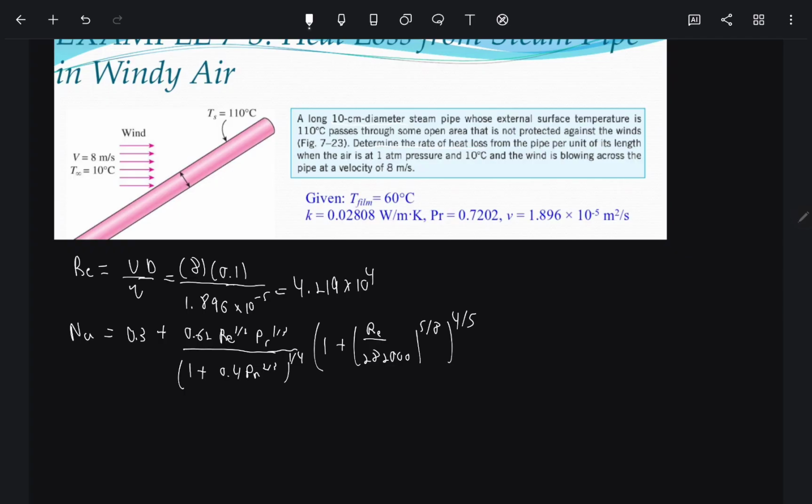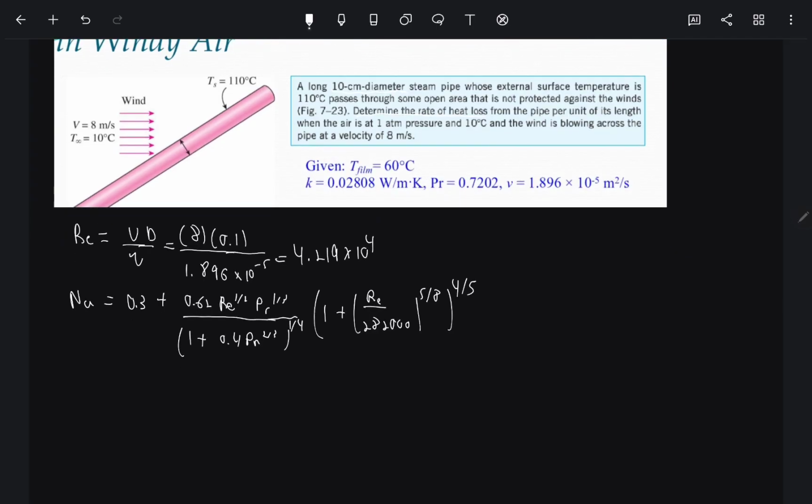Now this may look like an absolute nightmare because it's just experimental data, and so they had to get a function that matched it as closely as possible. But it's really not that bad because we have the Prandtl number and we have the Reynolds number, we just calculated it.